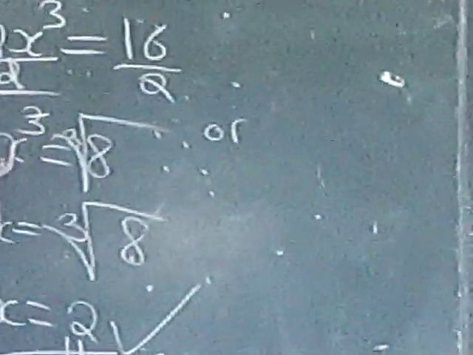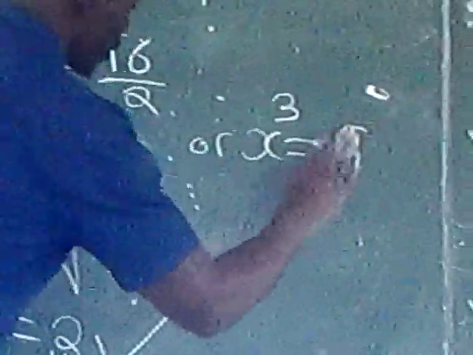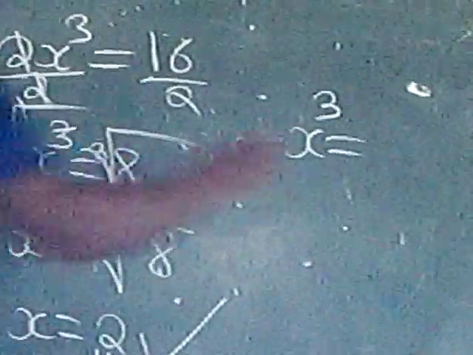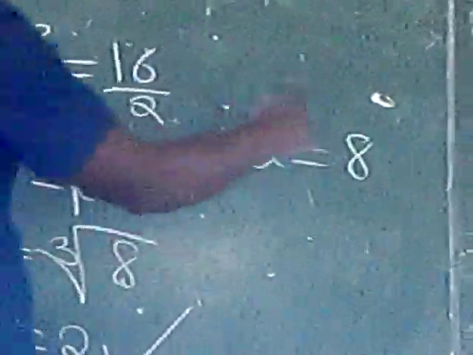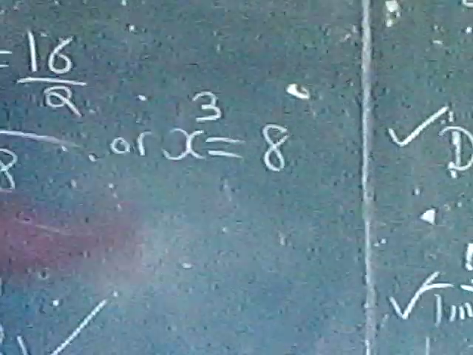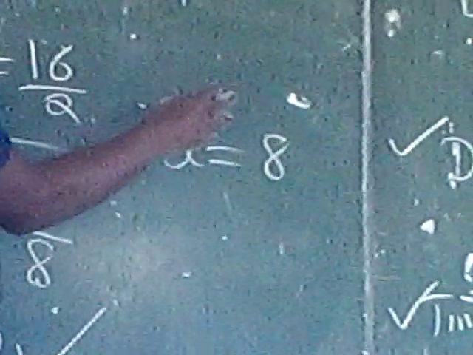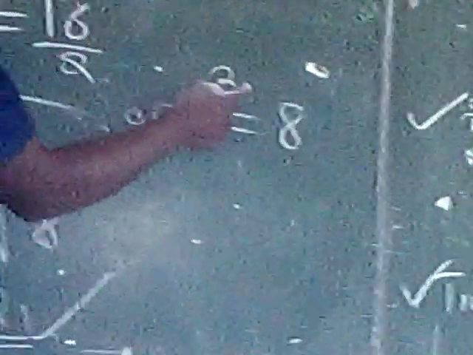Alternatively, for you to find x, if you have x to the power 3 is equal to 8, you could use the indices. You multiply by the reciprocal of a power. And the reciprocal of this 3 is actually 1 over 3.